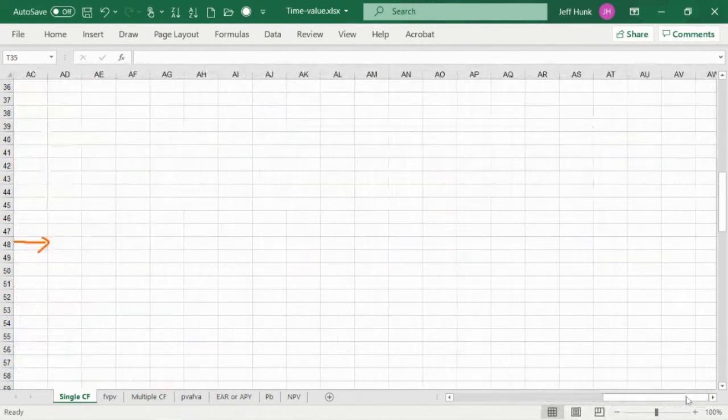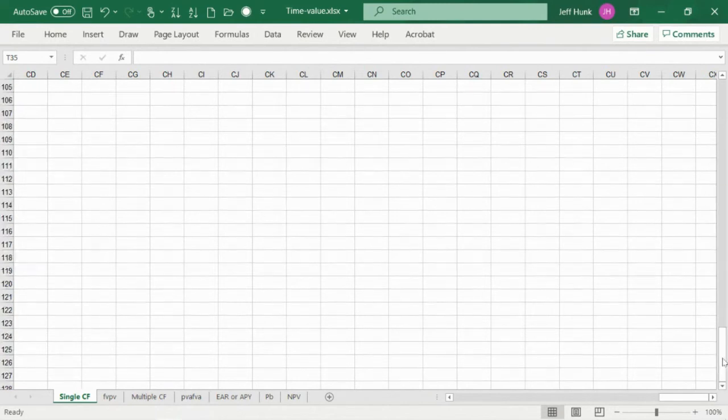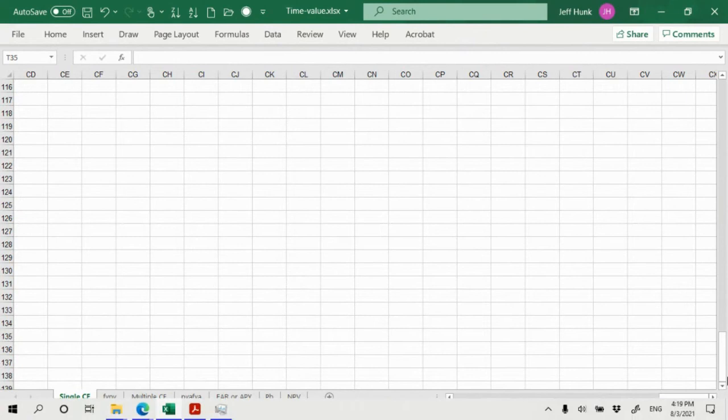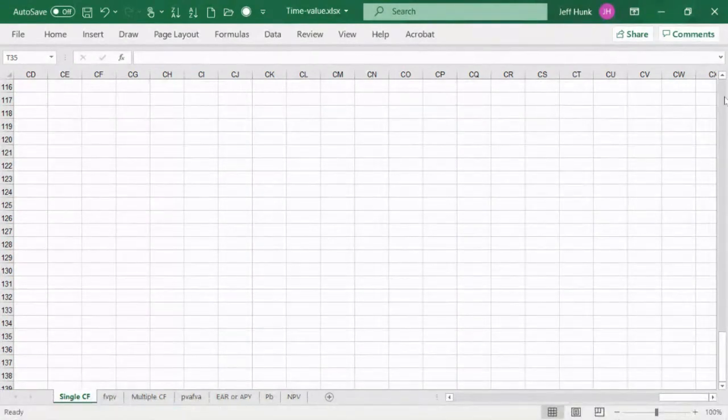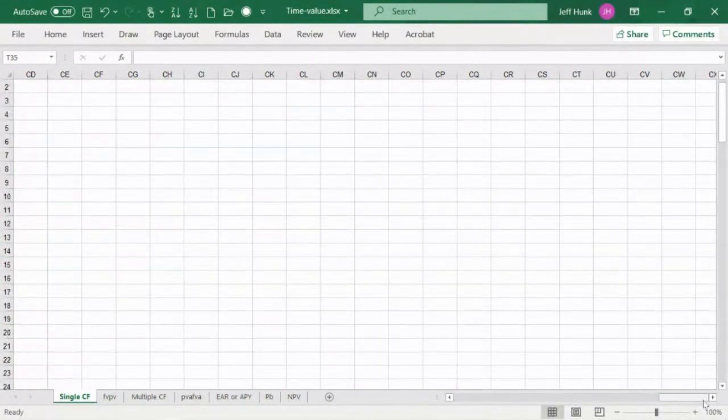But if I need that space, I will expand to the right and to the bottom. The more I go down, the more rows are generated. The more I go to the right, the more columns are generated.